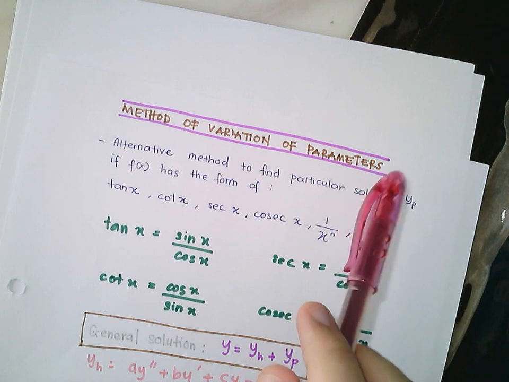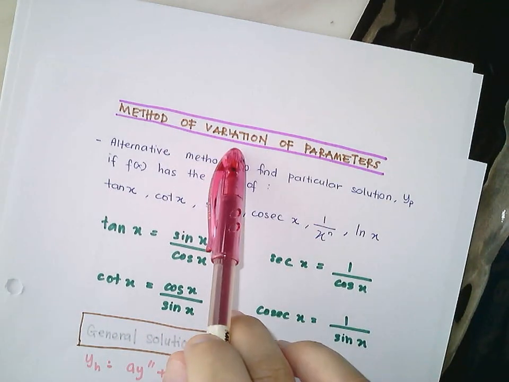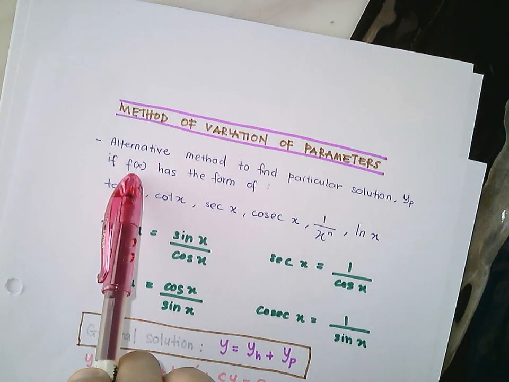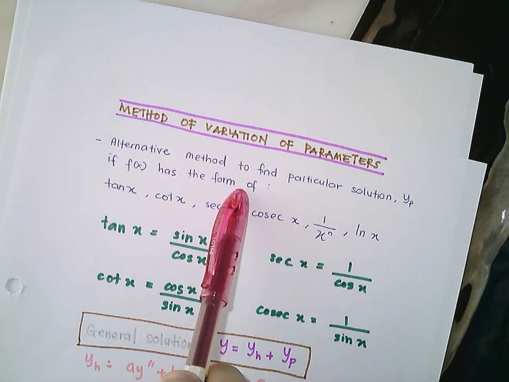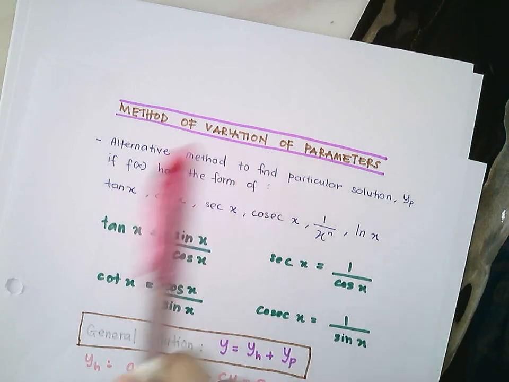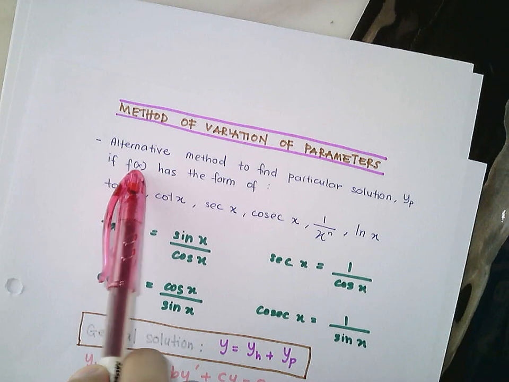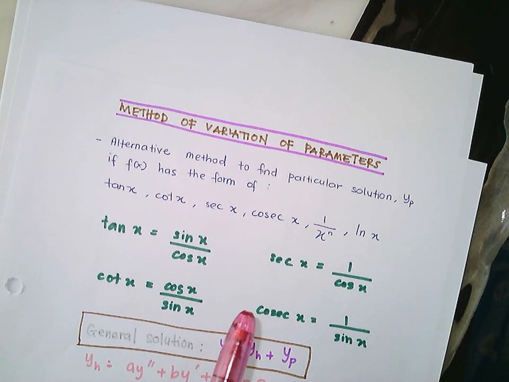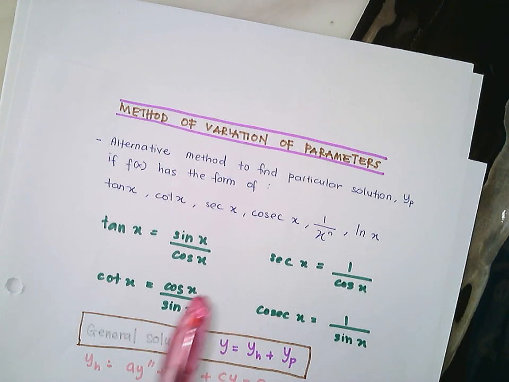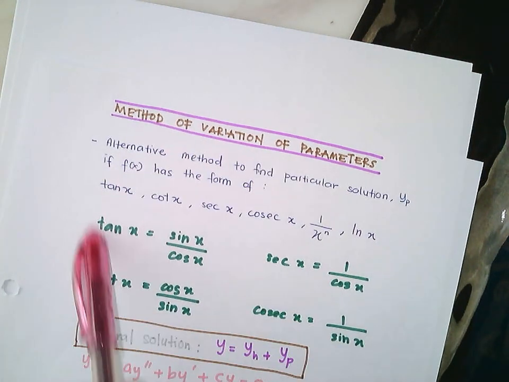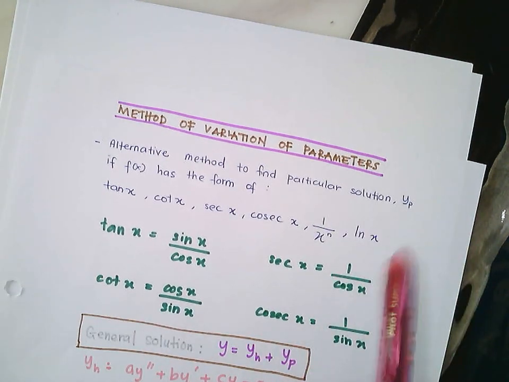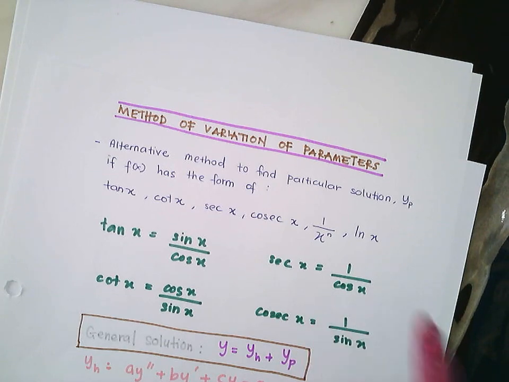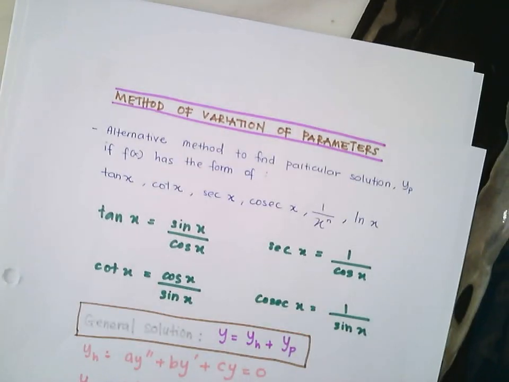If your f(x) is a polynomial, you still can use VOP, or if f(x) is in exponential form or a trigonometric function, or also a multiplication of those two cases. Any kind of f(x) that you have.